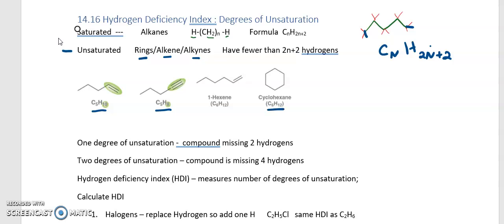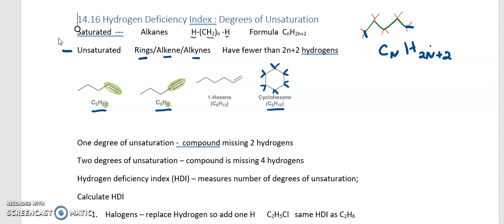This also occurs with rings. With 6 carbons, I would expect to have 14 hydrogens. That's 2 times 6 plus 2. And instead I've only got 12. You can count them: 1, 2, 3, 4, 5, 6, 7, 8, 9, 10, 11, 12.